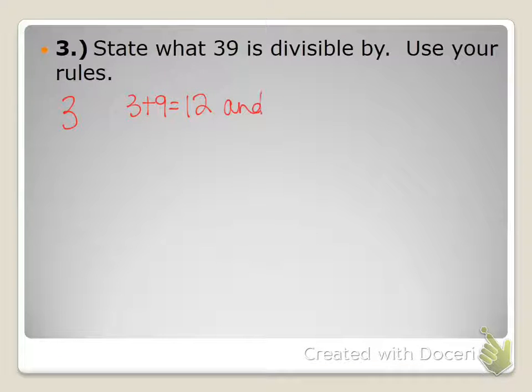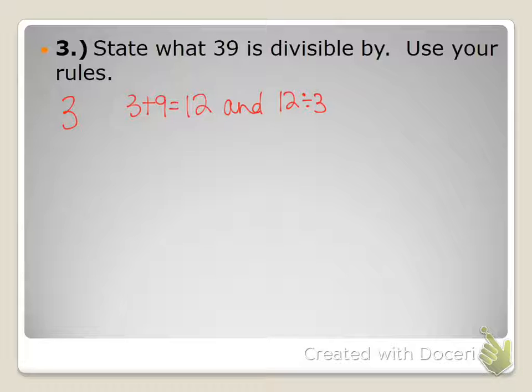And 12 is divisible by 3. So therefore 3 would work. What about 4? No. Okay, here's a helpful hint. If it's not divisible by 2, it definitely won't be divisible by 4.